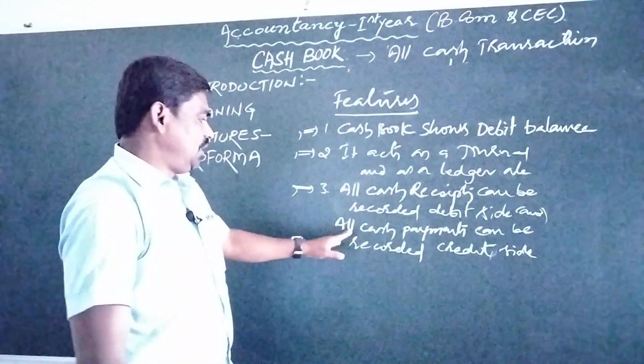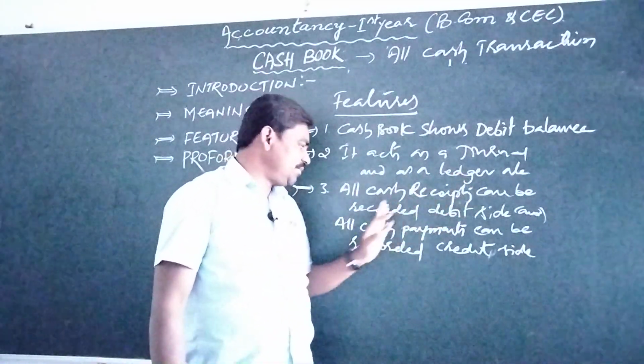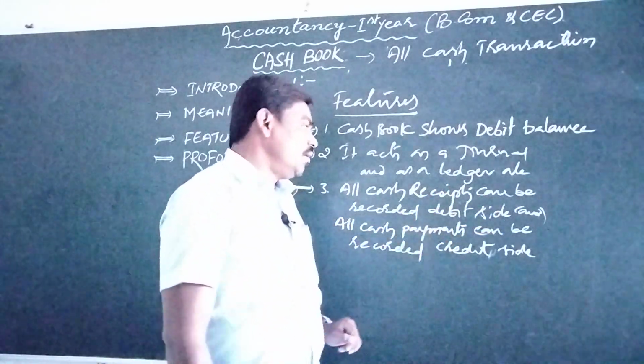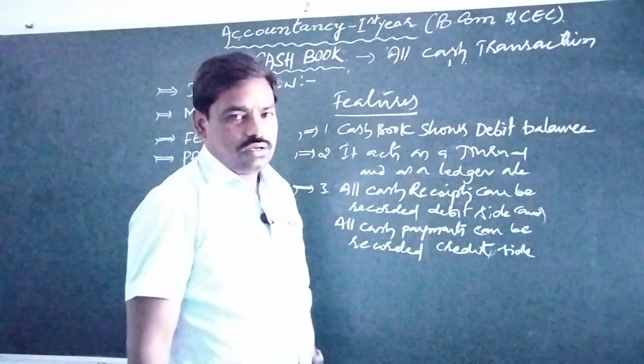So it is the third feature of a cash book. What is the third feature? All cash receipts are recorded on the debit side of the book, and all cash payments are recorded on the credit side of the book.